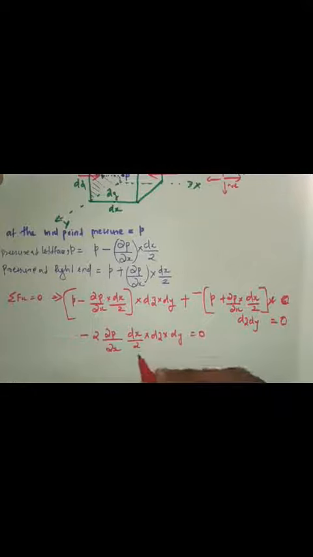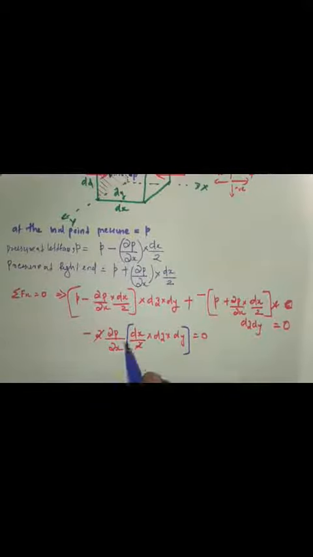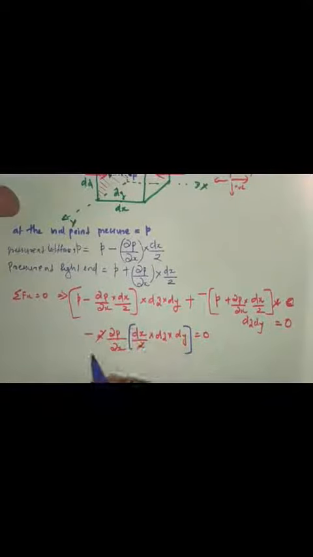What it means? The 2 and this 2 will cancel out. Considering this equation, this cannot be 0 because it is a volume. So for this equation to be 0, the only condition is dou P by dou x should be equal to 0. What it means? There is no change in the pressure in the x direction.